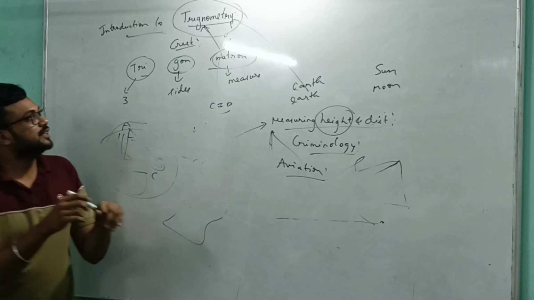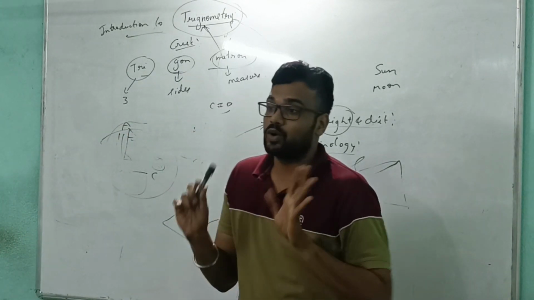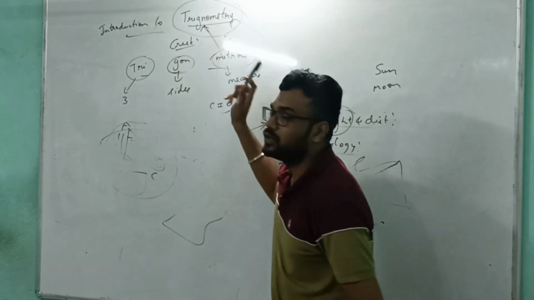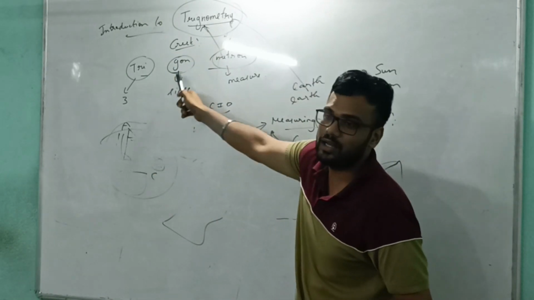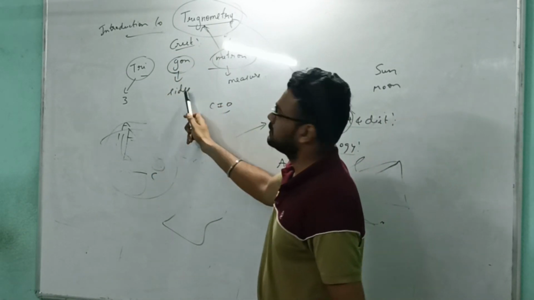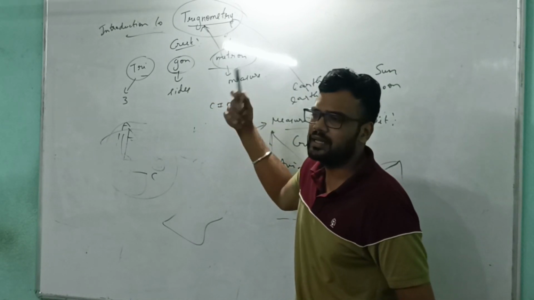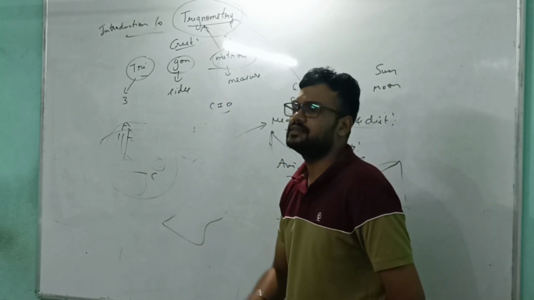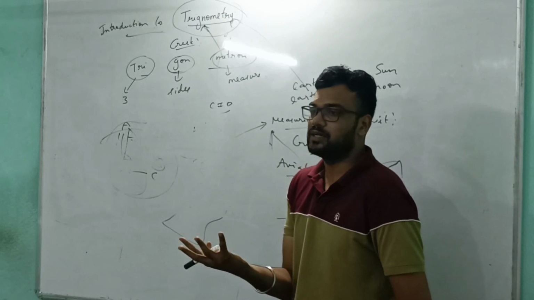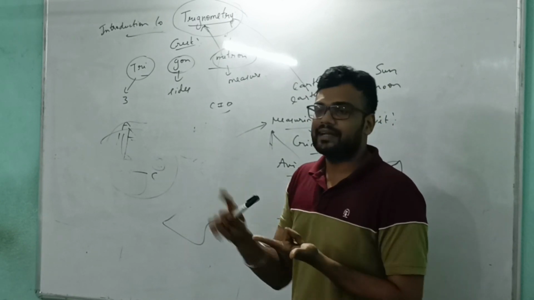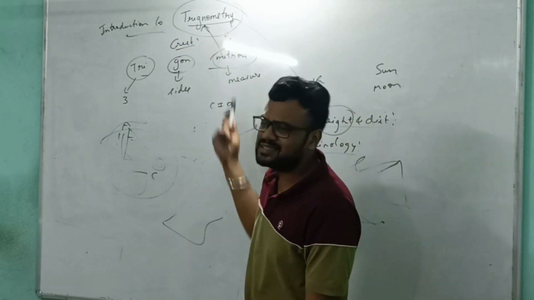So what did we study just now? We studied what trigonometry is. Trigonometry can be divided into three parts: trigon, metron. Tri meaning three, gon meaning sides, metron meaning measure. Basically, trigonometry is a measure or relationship between the sides and angles of a triangle. Is it useful?